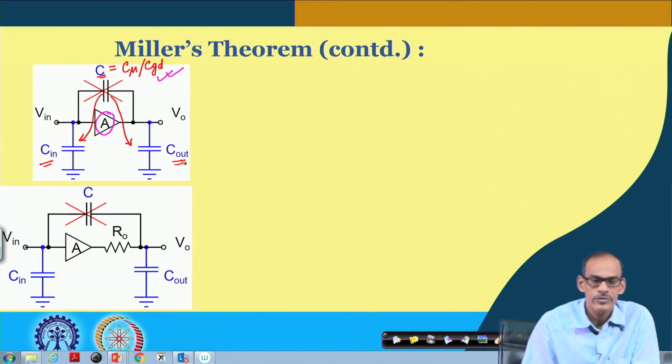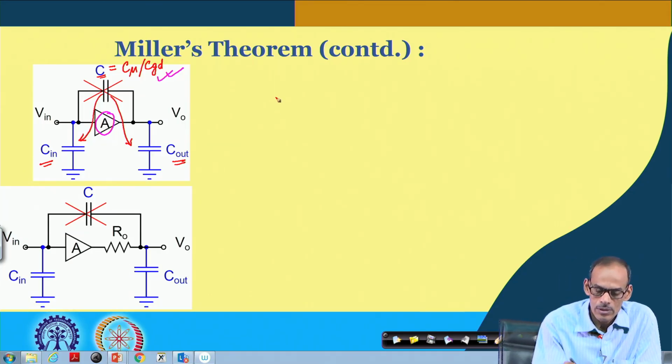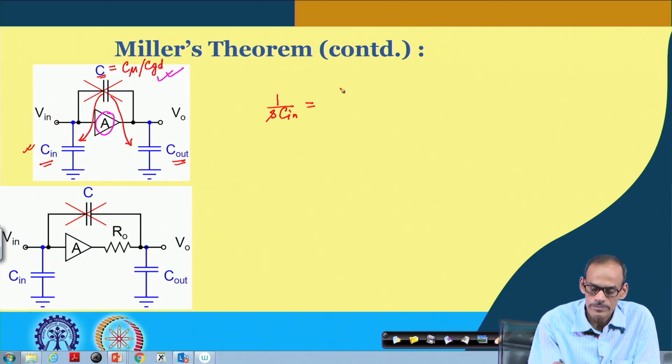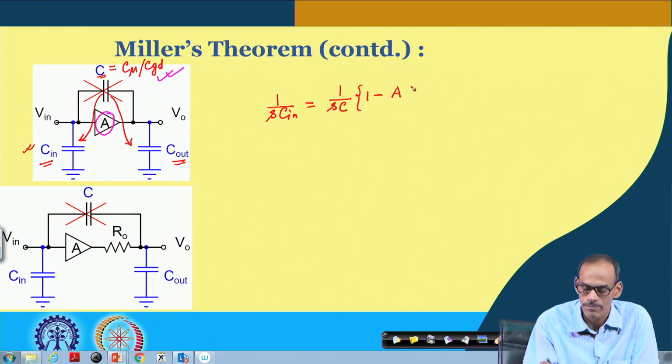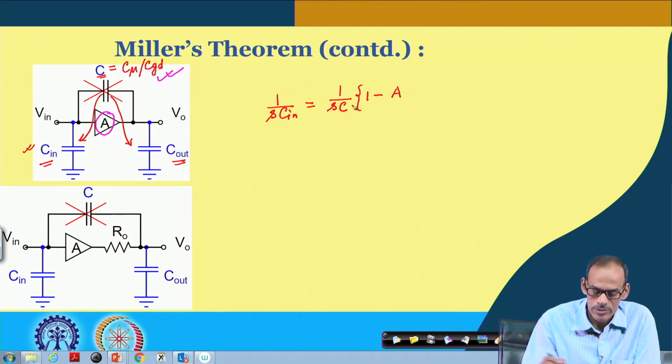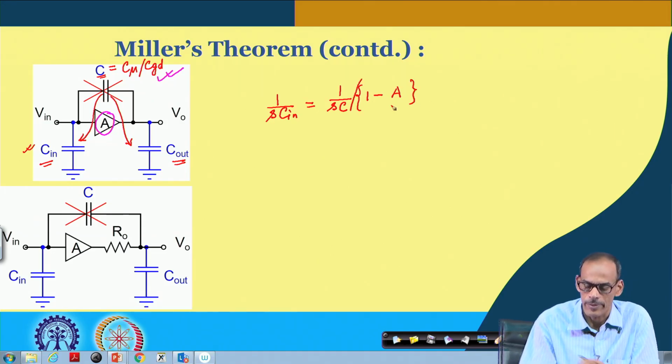And how do we say that this is equivalent? The impedance of this capacitance, which is 1 by S into C in, should be equal to 1 by S into C multiplied by 1 minus A. Sorry, this is divided by A.